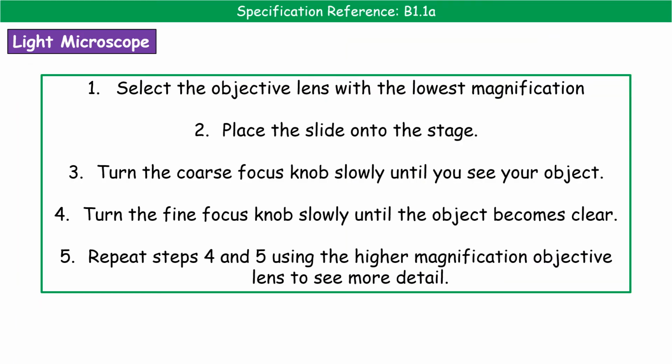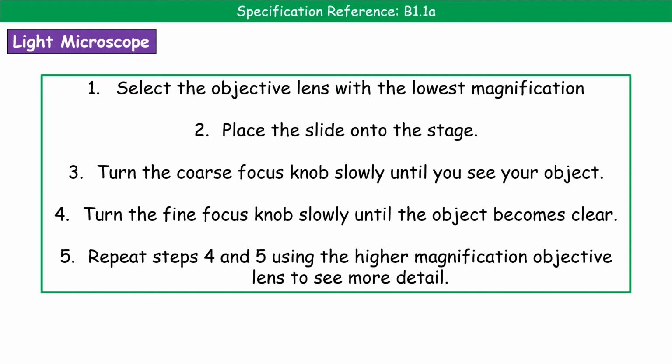We need to know the steps of using a light microscope. Because this is one of the assessed practicals, they can ask you about the procedure, the names of parts, where you put things, for example. So we start off with our objective lens with the lowest magnification. You put your slide onto the stage, and then in order to focus, we start with the coarse focus knob, and then when you're pretty much there, use the fine focus just to fine tweak it, to make it really clear.